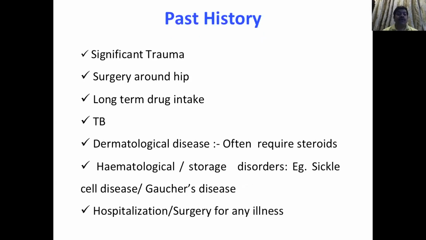So you want a past history of trauma, surgery around the hip, long treatment undertaken, any history of tuberculosis, any dermatological disease for which the patient might have taken steroids, any long hospitalization, or any surgery for any illness.